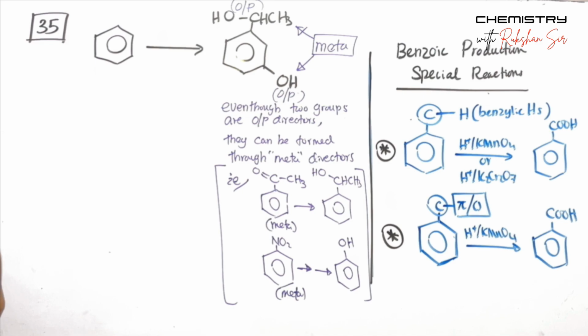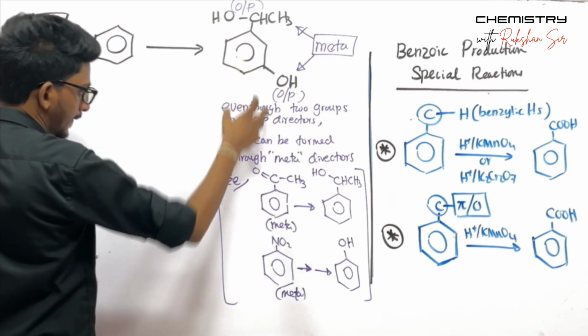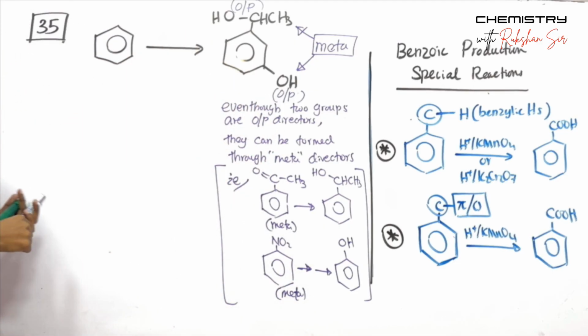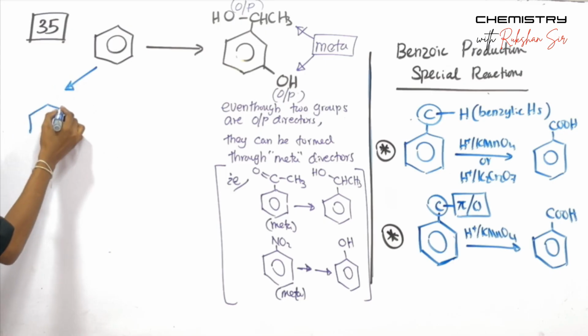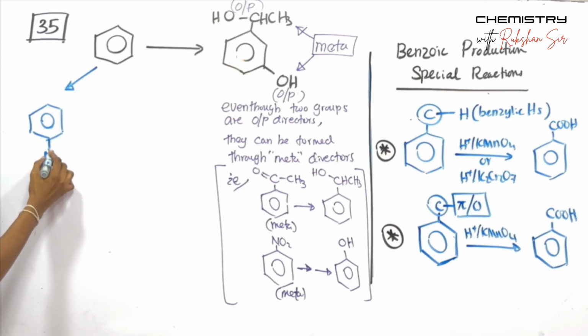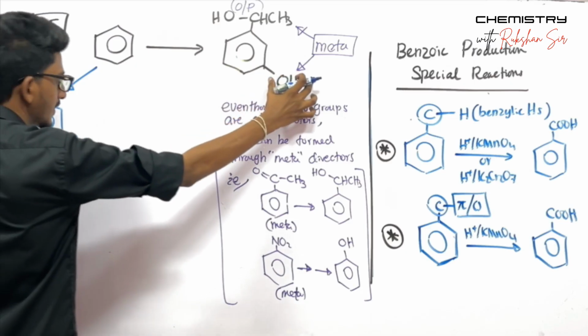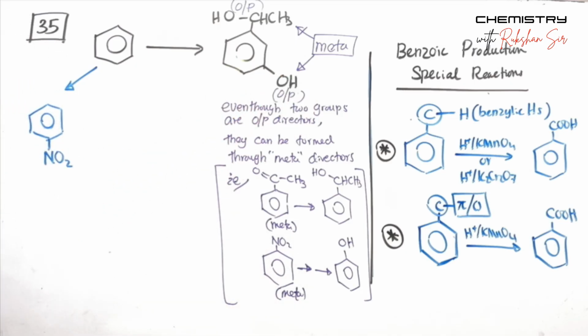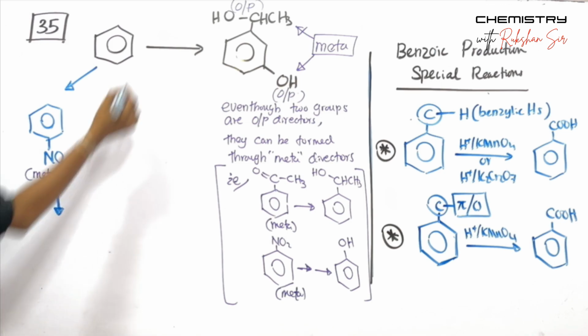First I go to nitrobenzene and proceed from there. So first we can form nitrobenzene. Thinking of bringing the OH group, I first brought nitrobenzene, which is a meta director. Now I can bring our second group.